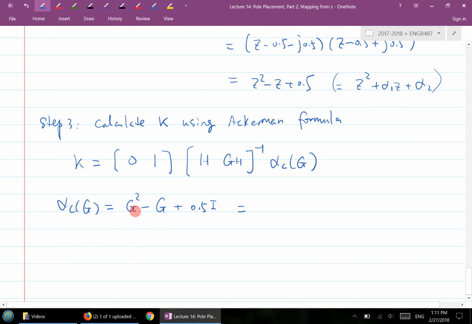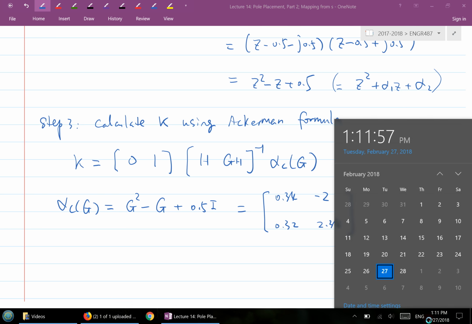So G times itself, minus G, plus 0.5, and that gives us 0.34, negative 2, 0.32, 2.34. Seems about right. All right, so that gives us this matrix alpha C of G.